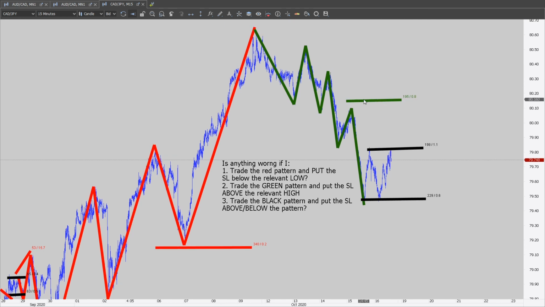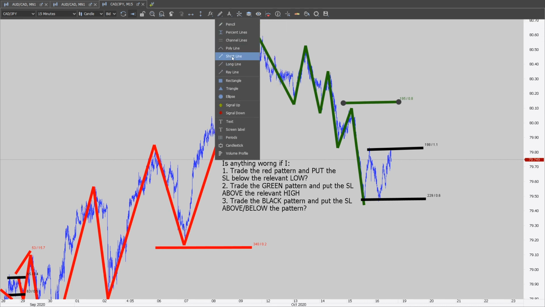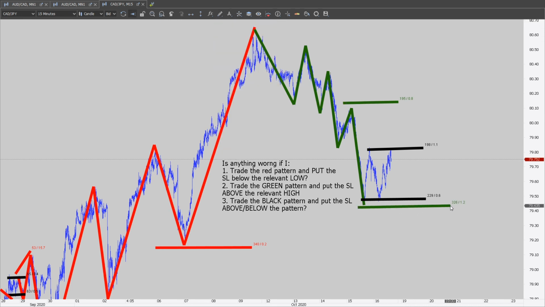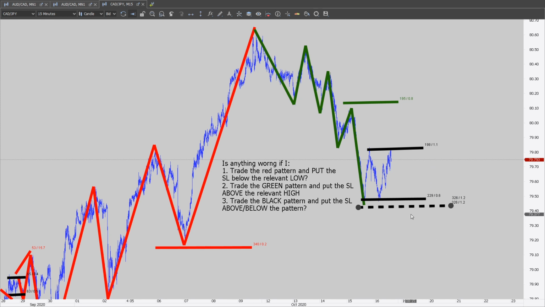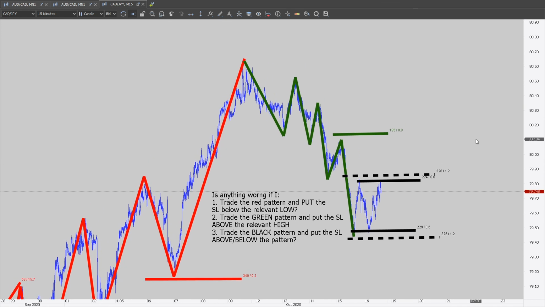And number 3, is anything wrong if I'm trading the sideways movement, sideways channel, and I put my stop loss above or below the pattern? What's the answer? Nothing wrong. So how do I know what to trade?